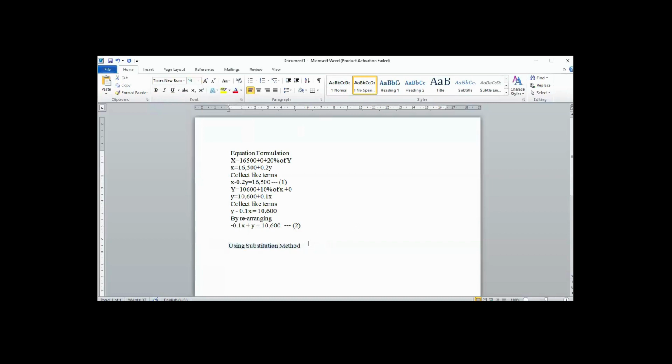Okay. The method we are using now is what? Substitution method. For the substitution method, I want to eliminate y.